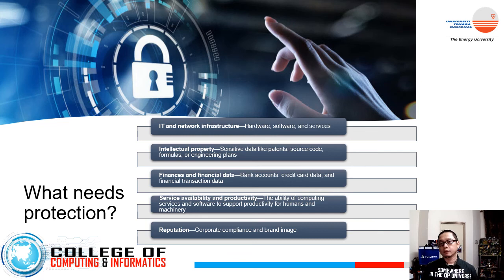So that is one example of reputation and how it is valued as a company asset. These are the things you need to consider when thinking about what needs to be protected within the organization.